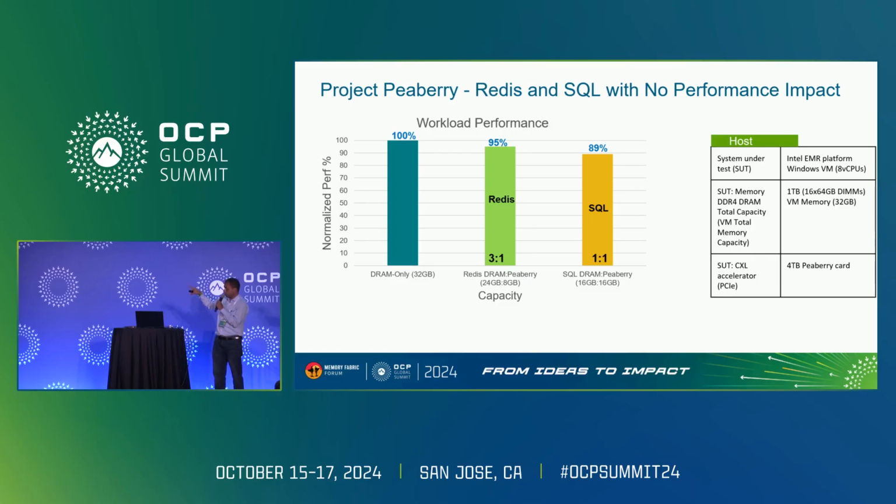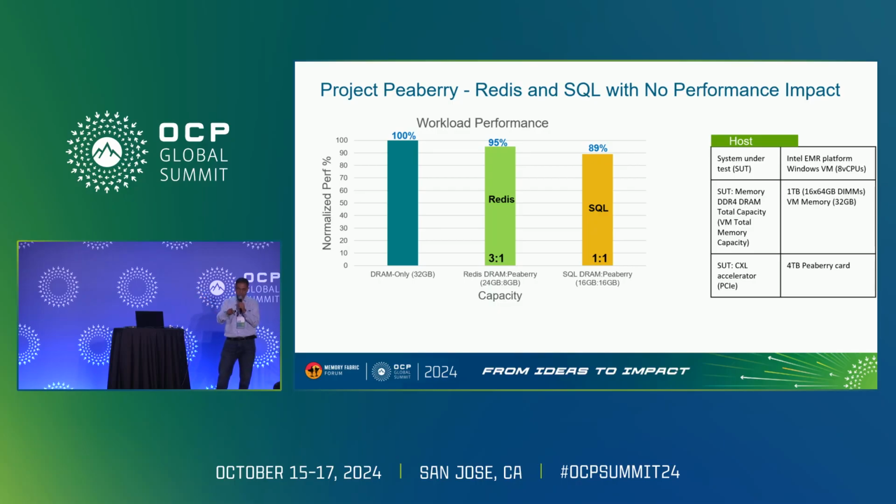We can go up to 95% with our solution. So again, it's a cheaper memory solution. It's CXL, but we are still able to drive a lot of performance even with this solution, right? That's the point here. And for SQL, we can go even with a 1:1.